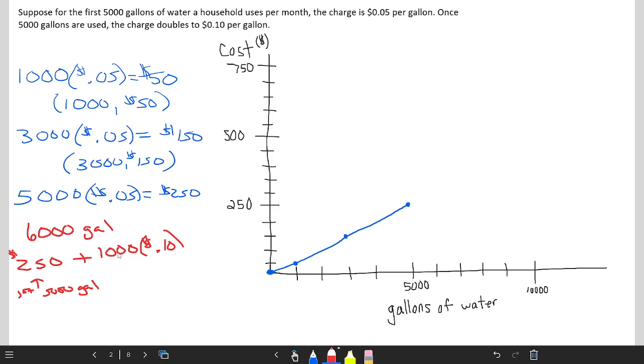So that extra 1,000 gallons is going to get charged at a rate of 10 cents per gallon. So we're going to end up with $100 there plus the $250. And so for 6,000 gallons, we would get charged $350.